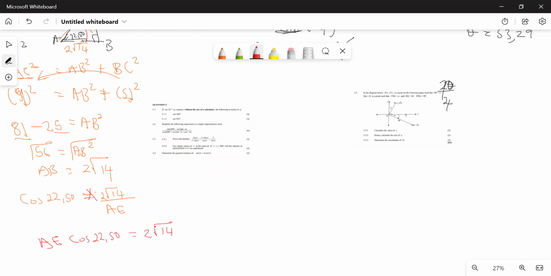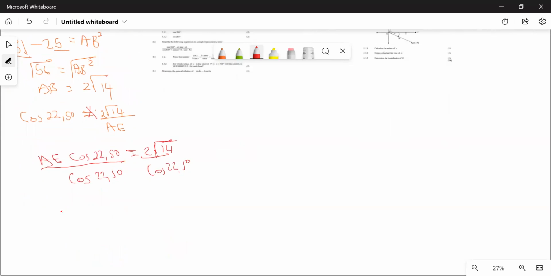What do you propose we do from here? I propose we simplify cos 22,50. Let's divide by cos 22,50 to avoid making a mistake. Then we type it in our calculator and check what we get as the answer.